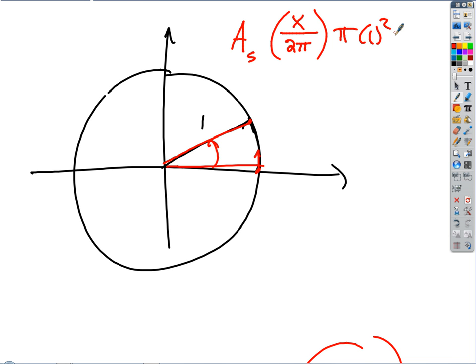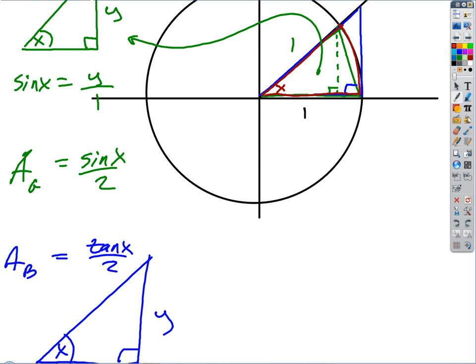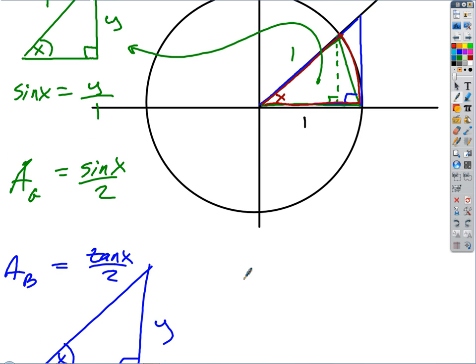So pi. So what happens? What's our area equal to then? That's just, the pi's cancel, just x over 2. Yeah. Okay. So we've got all three areas now, right? We've got the green area, the blue area, and the red area.